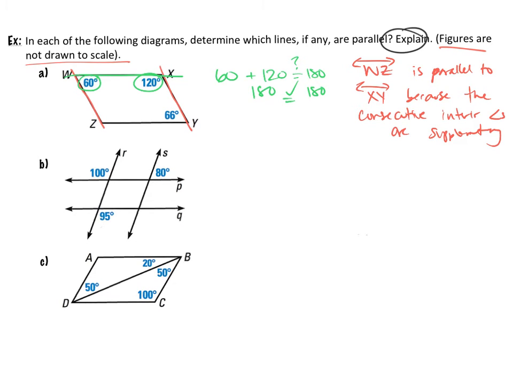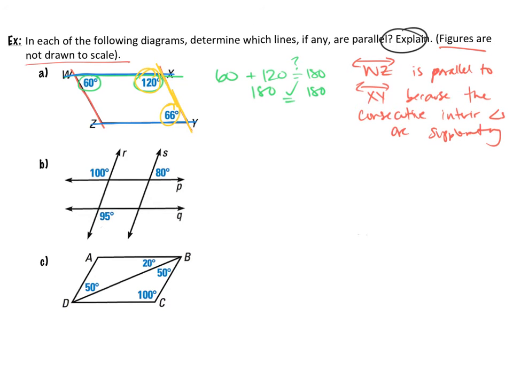And then I have to look at line WX and line ZY. Again, I need to look at the transversal that I have two pieces of information for. In this case, this is line XY, and I know 120 degrees and 66 degrees.